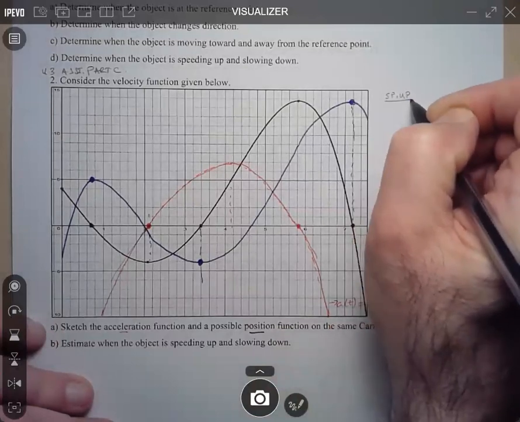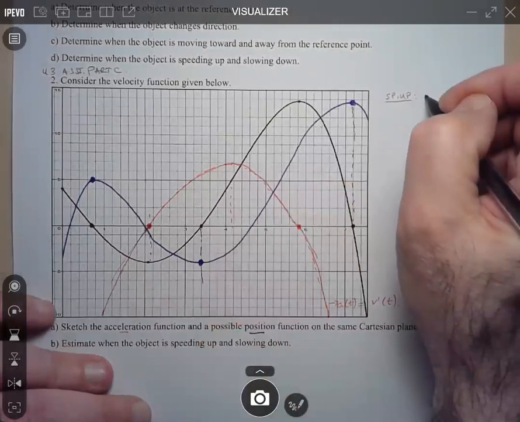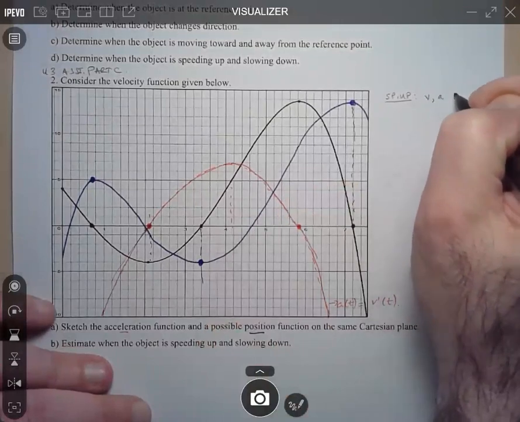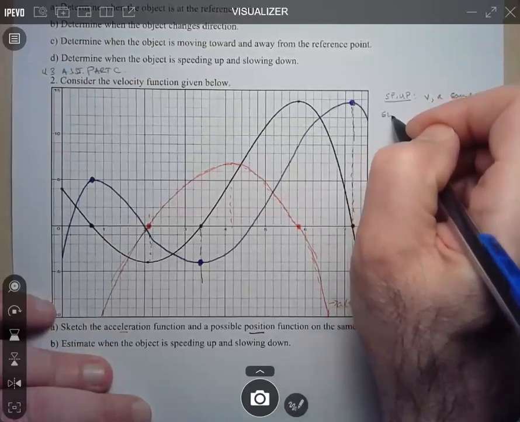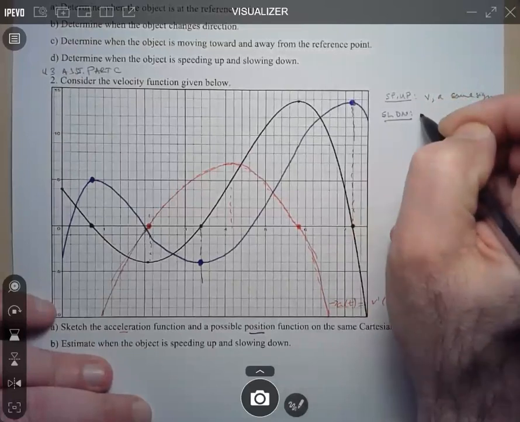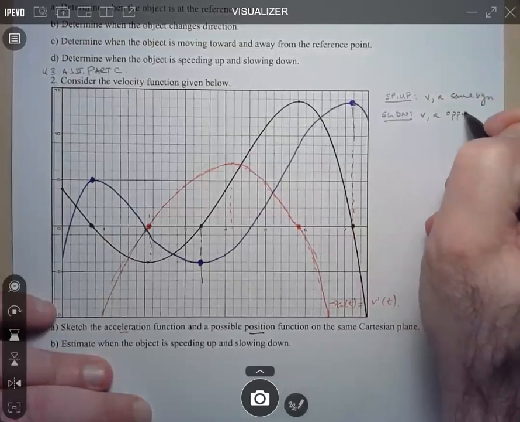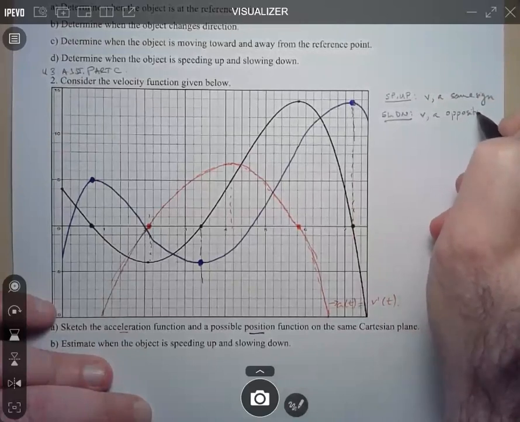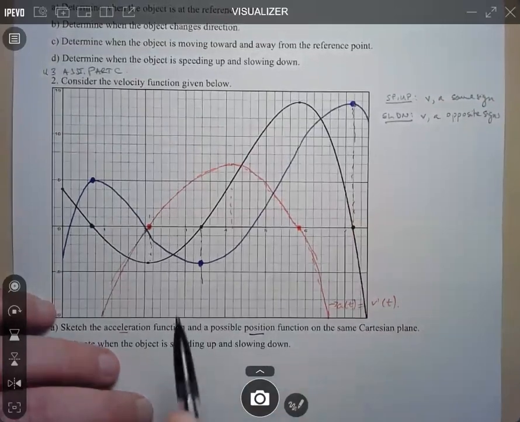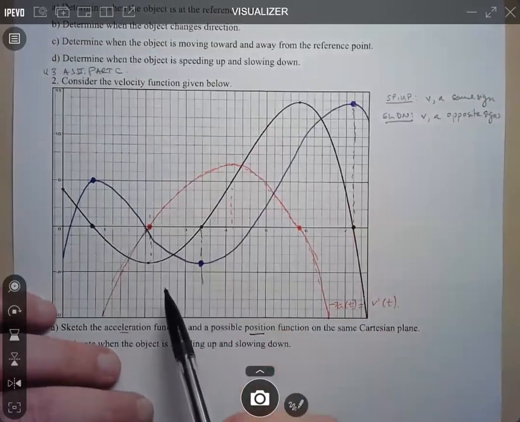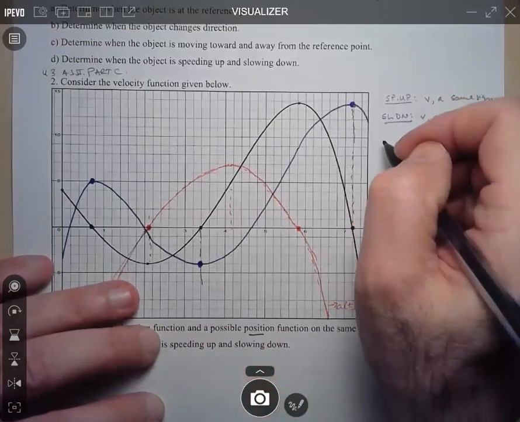An object is speeding up if the velocity and the acceleration have the same sign, and it's slowing down when the velocity and acceleration have opposite signs. So I can work with the graphs, or I can even just work with the velocity function. But let's start with speeding up.